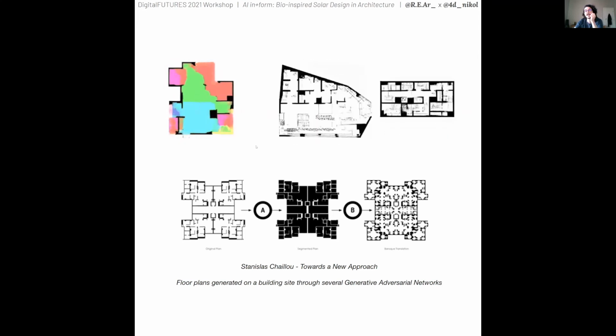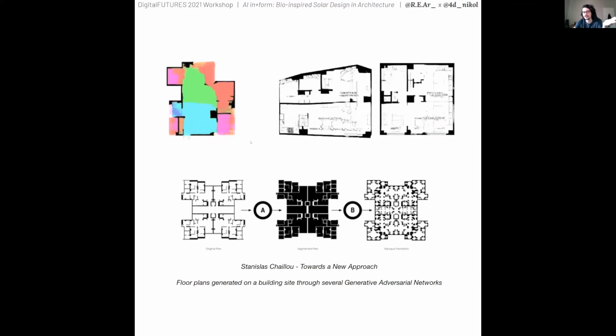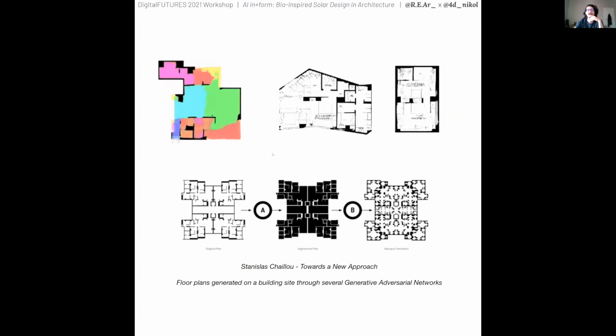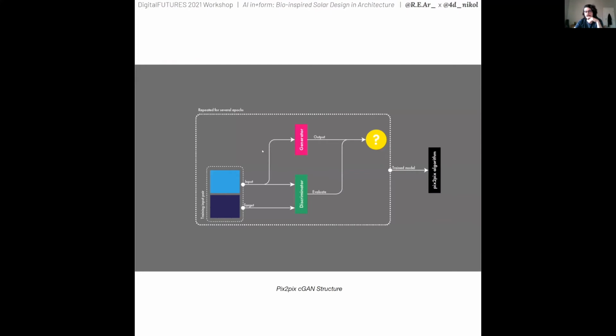Here he's using a GAN, so he has an algorithm that has learned how to generate plants, basically. What we are interested in, and this is where pix-to-pix comes in, is how we can use data that we already have. We have a situation and we want to translate it into something else. We have an input and we want to translate it into something else. This is why pix-to-pix becomes important.